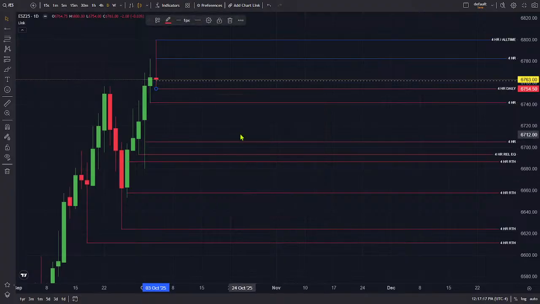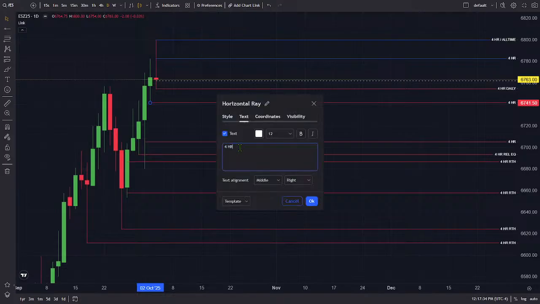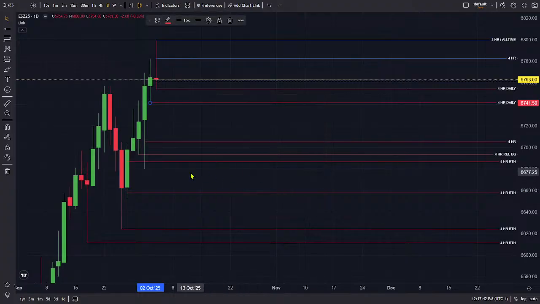Okay. And this one is also a daily low. How is that possible? Yeah. Okay. ES doesn't move near as much as NQ does. It won't travel as far in a day.